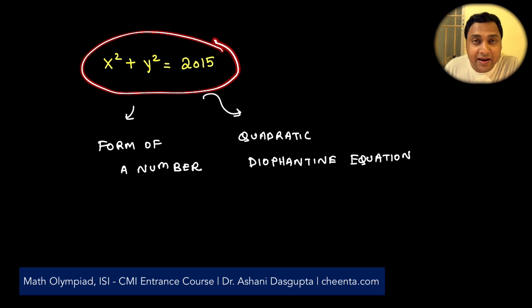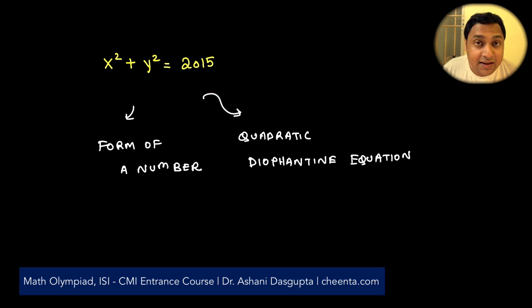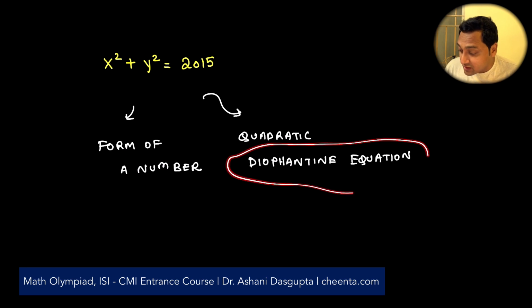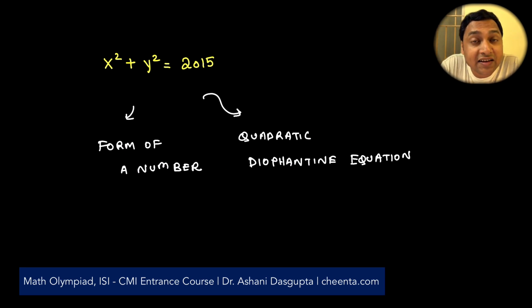So if I plug in x equal to some integer and y equal to some integer, will it satisfy this equation, and how many such pairs of integers are there that satisfy this equation? Those types of questions are related to something called Diophantine equations, and both of these strategies are useful for mathematical Olympiads like IOQM, American Math Competition, ISI-CMI Entrances.